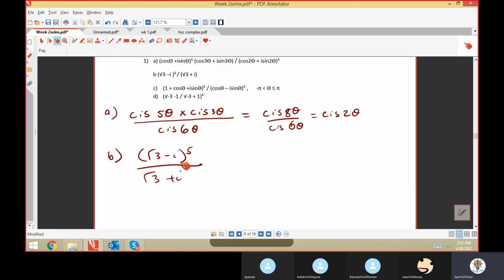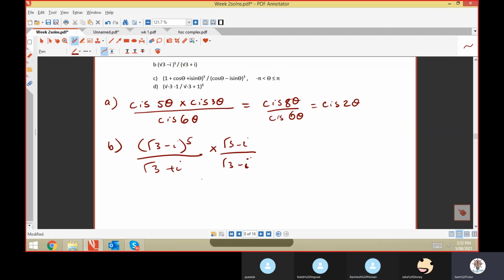No good. Wouldn't it be just root 3 minus i to the power of 6 on... Have you multiplied the conjugate? Is that what you're trying to say? Yeah. All right, let's do that step then. So Rav's saying let's multiply by the conjugate.